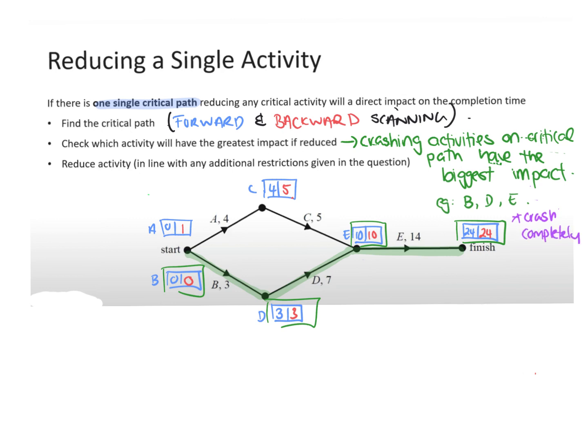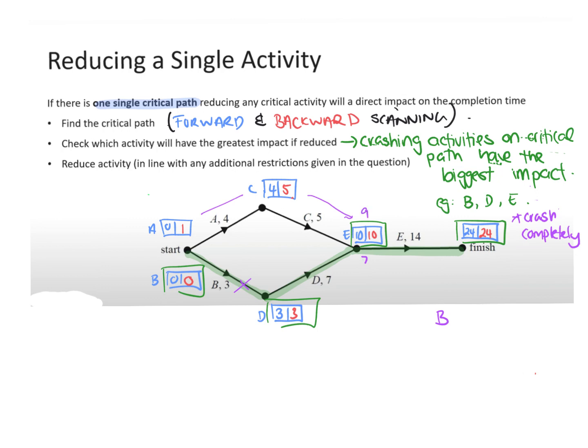We're going to go one at a time. Say, for example, I crashed B, so I no longer had B there. If we go along D, it would be 7 here. Then if we went this way, we'd actually have 9, wouldn't we?